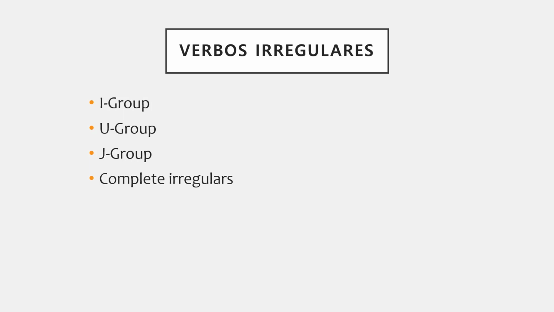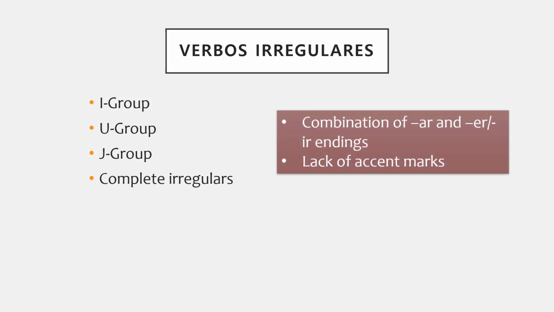Overall, regardless of the pattern, all irregular preterite forms have certain things in common. Their endings are a combination of the AR and ER-IR endings, and there is a complete lack of accent marks.